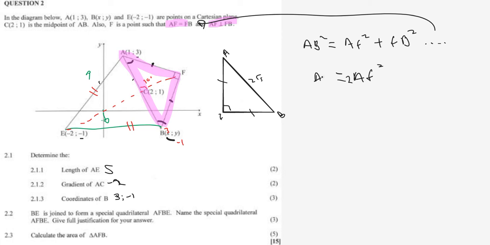So AB squared is equal to this. Remember, we have the length of AP. So we are going to say 2 root 5 all squared is equal to 2AF squared.